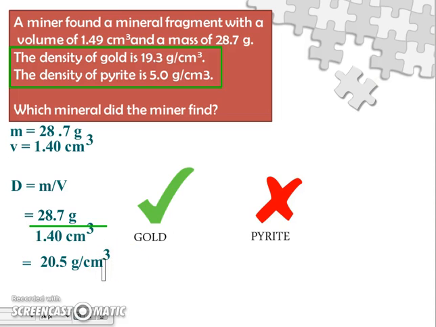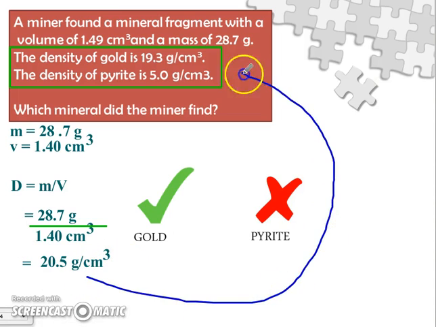So I believe the answer here would be the miner did not find either of these minerals. It's most close to gold. Maybe it had some impurities in it, but density is a characteristic. Oh, wait a minute.